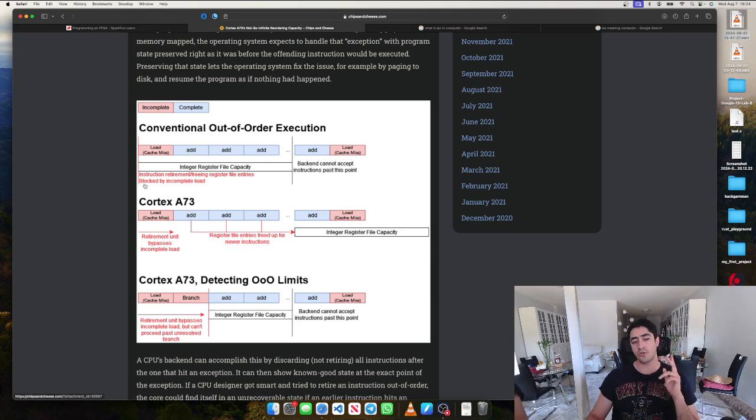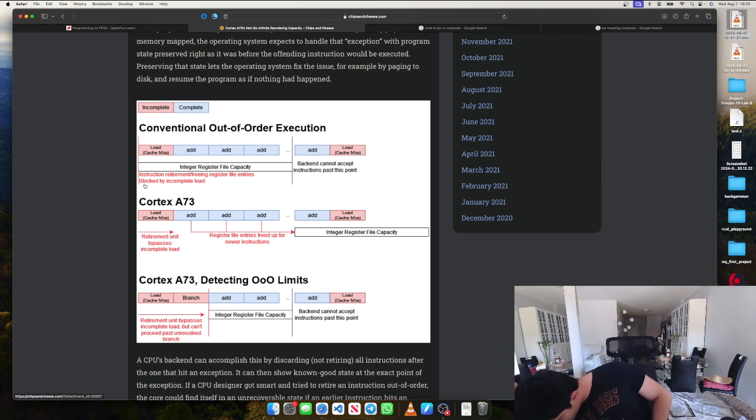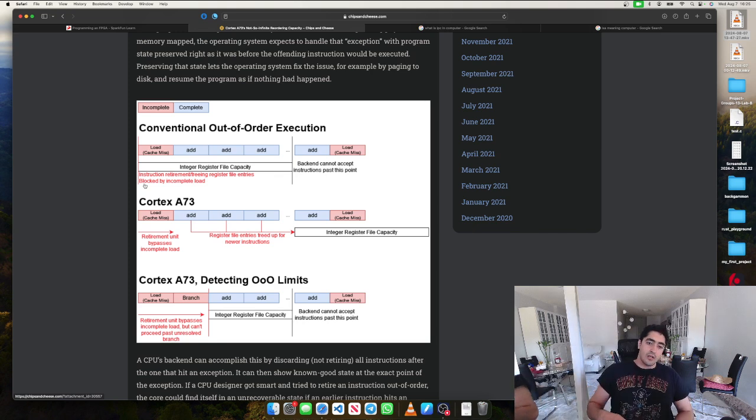So I feel like in Cortex, if you have an incomplete load, your backend cannot accept instructions past this point.